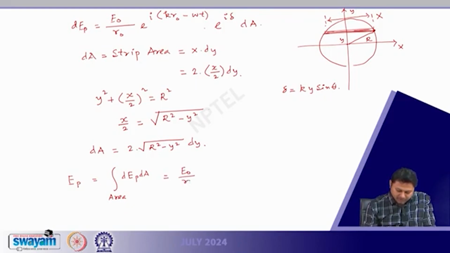So, that gives me E naught divided by R 0 e to the power of I k R naught minus omega t, where R naught is the distance from the center to center.